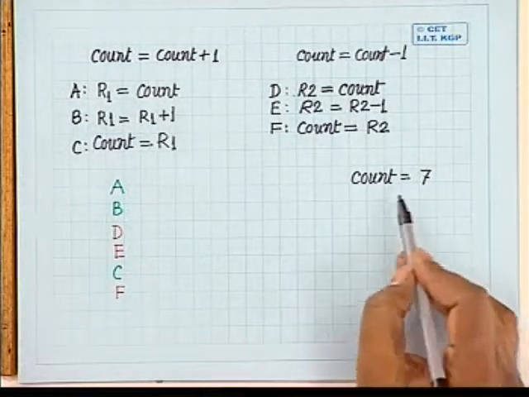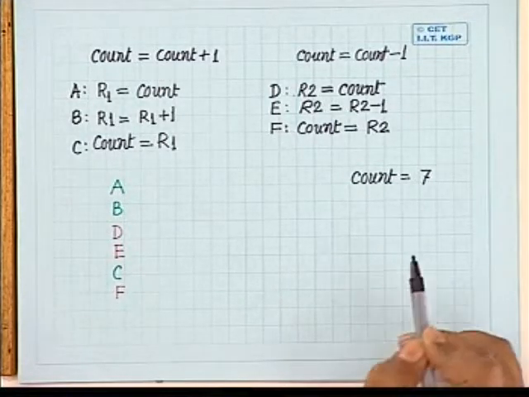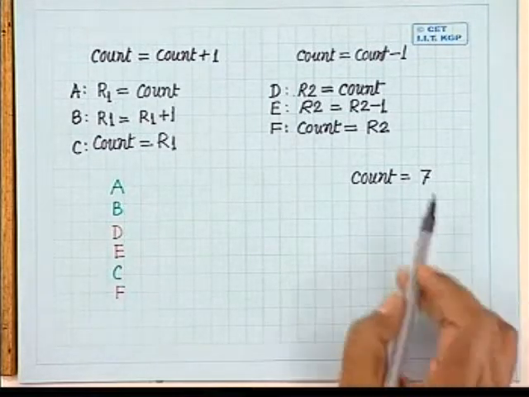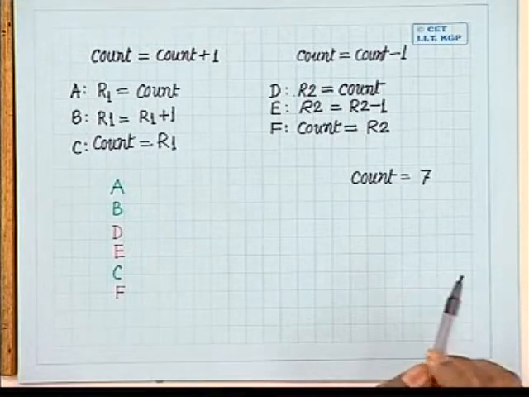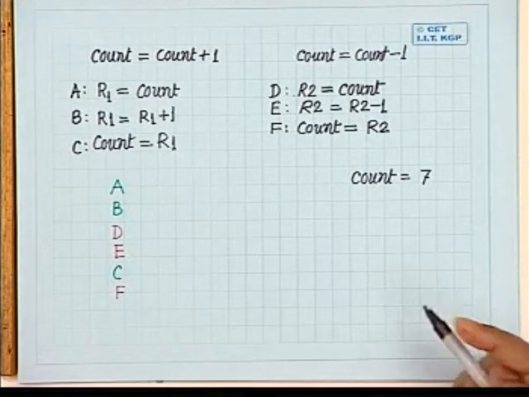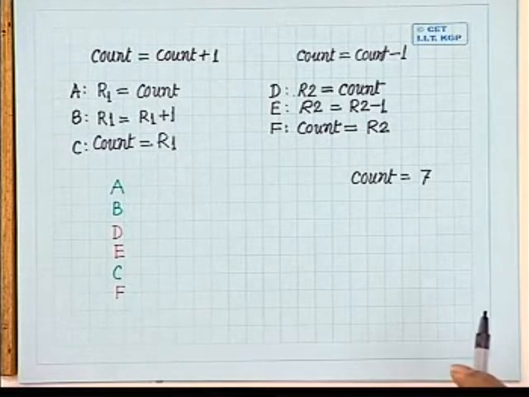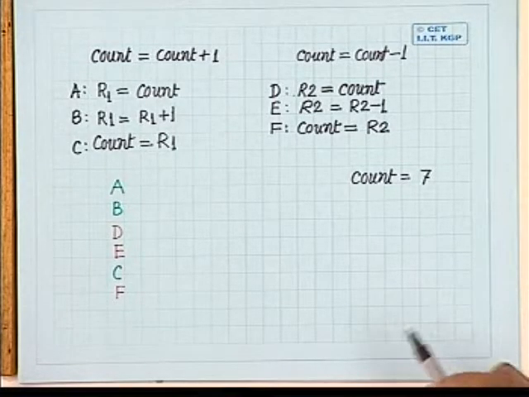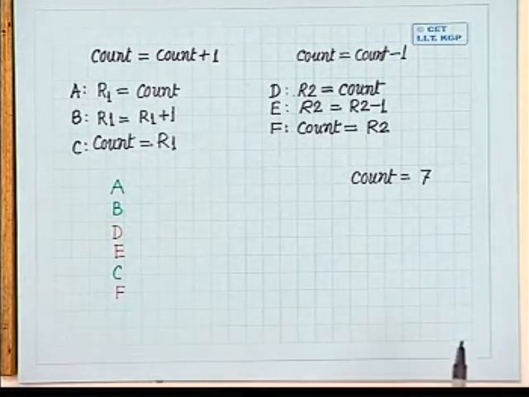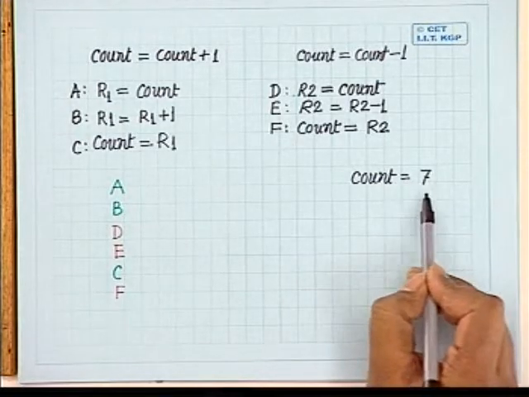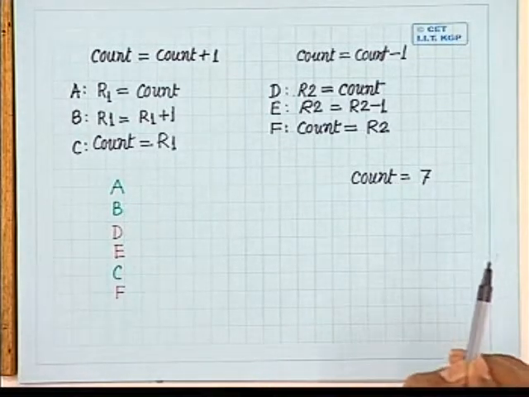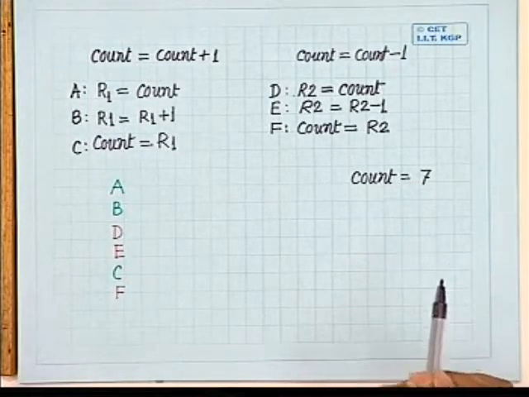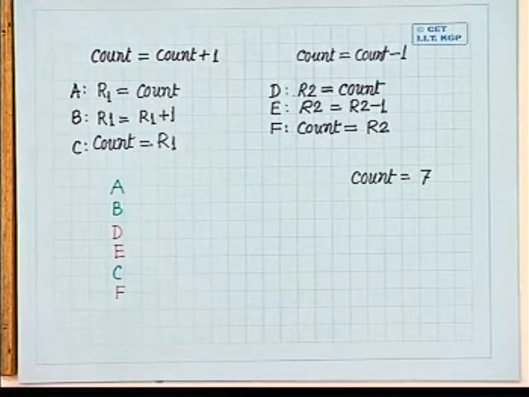So the value of count after the producer process puts an element into the buffer and the consumer process consumes an element from the buffer will remain 7. Because the producer process will increment to 8, the consumer process will subsequently decrement to 7. Or maybe the consumer process first decrements to 6, then the producer process will increase it to 7. So the value of count after the producer process and the consumer process do their job should remain 7. But in this sequence, let us see what happens.